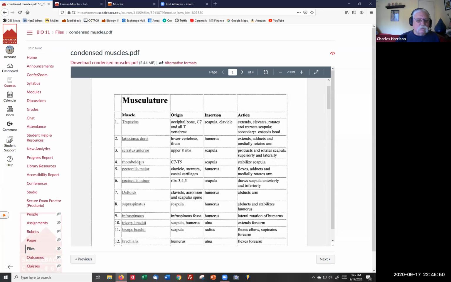Now, I'm not going to actually do it quite that way. I'm not going to say, what is the origin of the rhomboides? Because somebody unfortunately might have my sheet copied. All they have to do is look up rhomboides. There's the answer. So instead, the question says, what is the origin of this muscle?